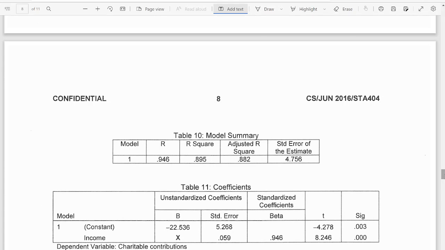So even though correlation doesn't concern the dependent and independent variable, you still need to identify them starting from the correlation analysis because it will be further used in the regression analysis. So maknanya kita kena identify dulu dependent dengan independent variable tu apa.